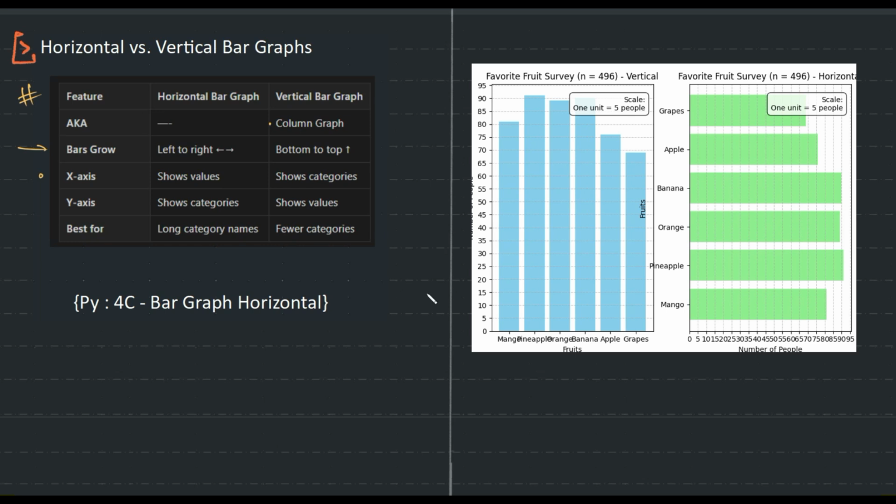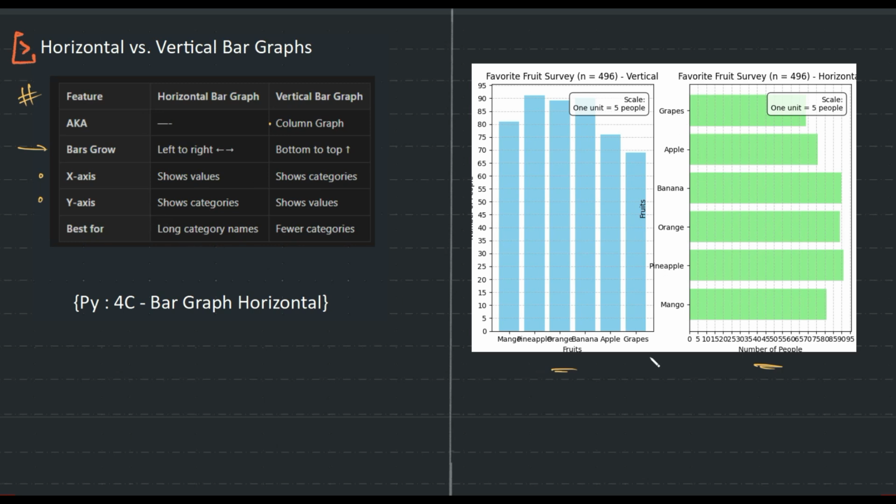So it shows values along the x-axis in horizontal. See, this is horizontal. So it shows values, while in vertical, it shows the categories. When it comes to the y-axis, it is flipped. The y-axis in the vertical shows values, while in your horizontal, it shows your categories.